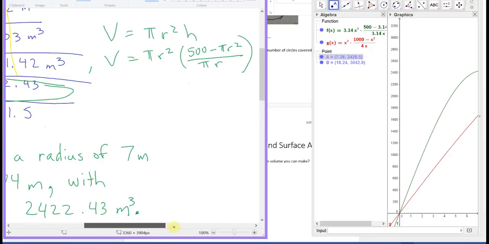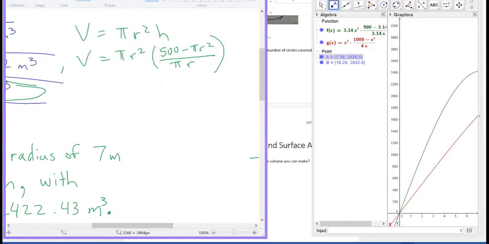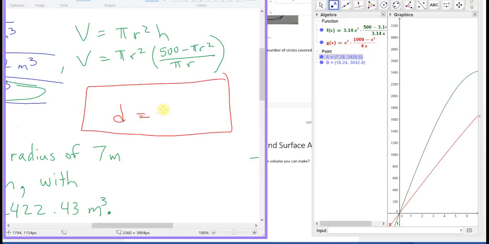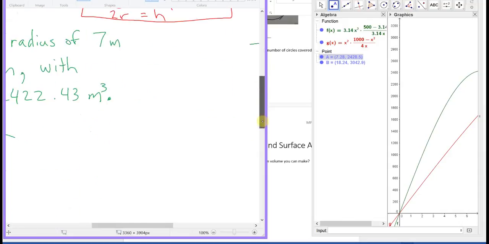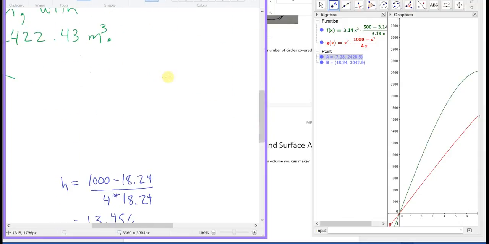You get a maximum volume cylinder when the diameter equals the height, or 2 times the radius equals the height. For the rectangular prism, it should be a maximum when the height is equal to the base. It should be a maximum when it's a cube. So there's a mistake in here somewhere.